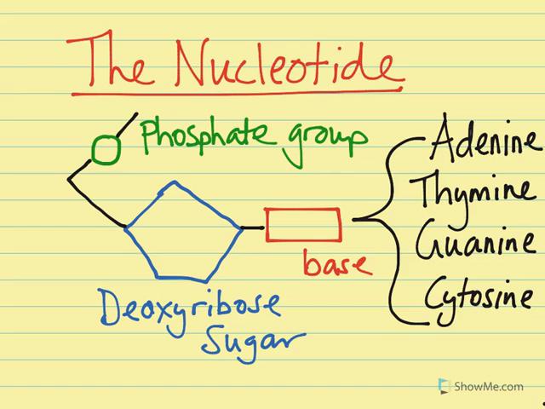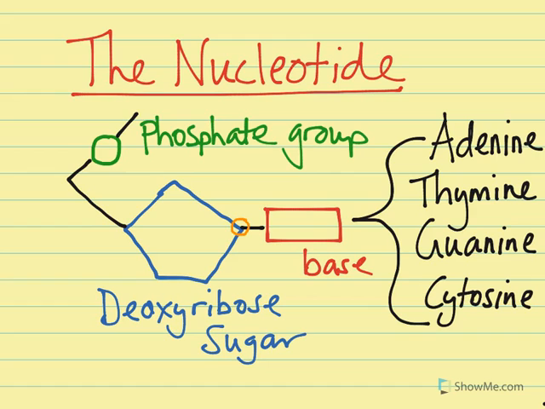Something very important that you need to know in terms of the structure of the nucleotide is the 3' and the 5' ends of that nucleotide, and that's very important when they link together. If we imagine on this sugar, which is a 5-carbon sugar, let's highlight those 5 carbons.